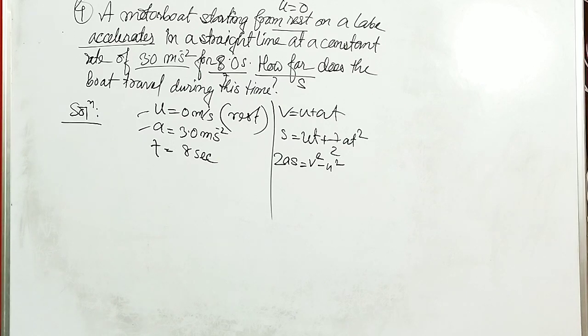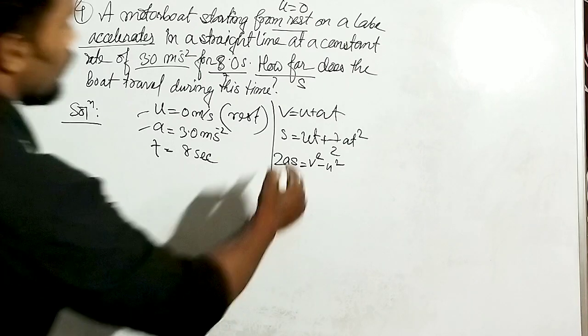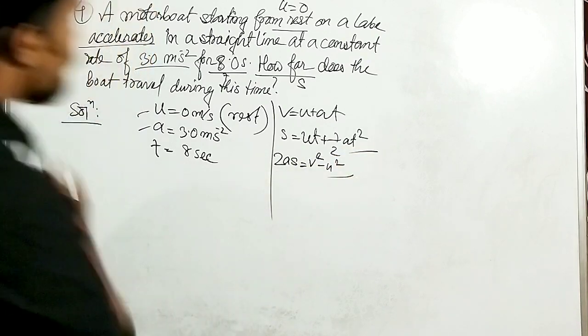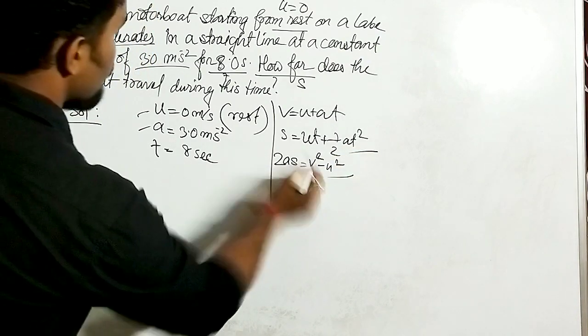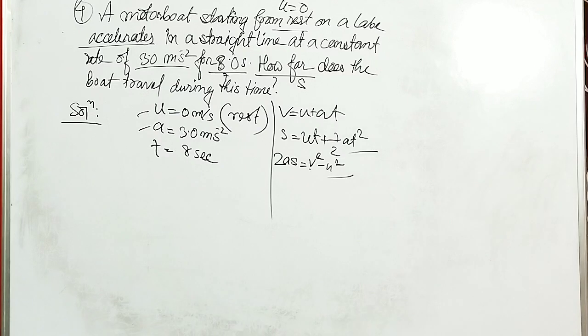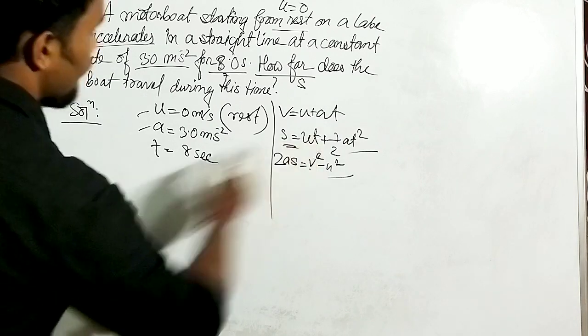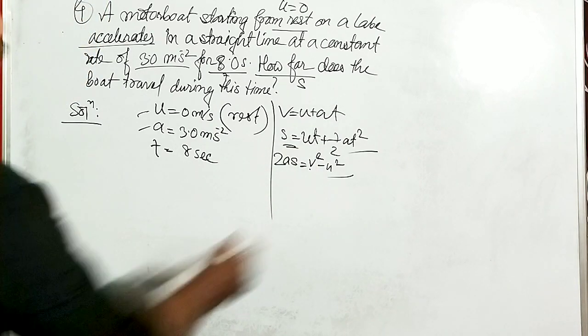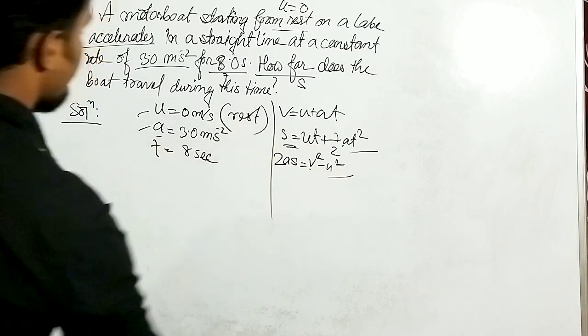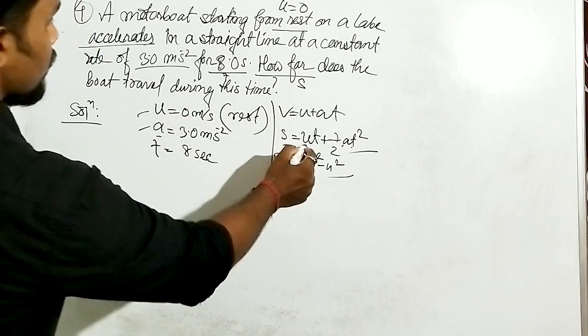Which relation should we use? We could use 2 relations, but with the other we would have to find v first. So it will be better to use s equals ut plus half at square, because a is given, t is given, and u is also given as 0.